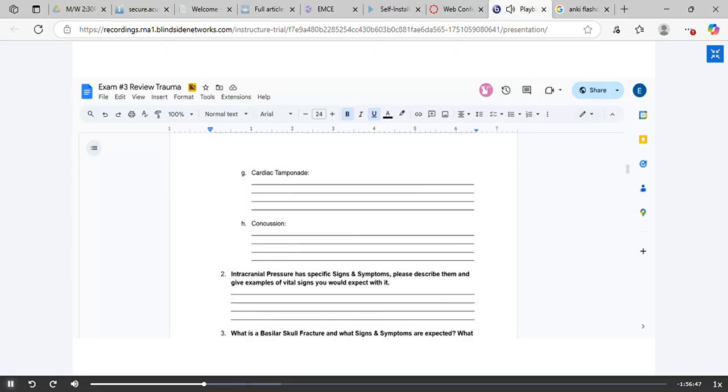Cardiac tamponade. Cardiac tamponade is another cause of obstructive shock. So we already talked about tension pneumothorax, which is a cause of obstructive shock. Cardiac tamponade is another one. If you remember from Module 1, this is where we have some kind of fluid in that pericardial sac around the heart, okay?